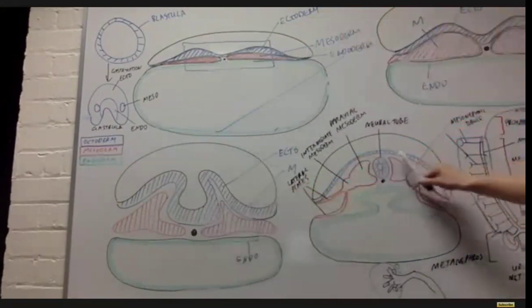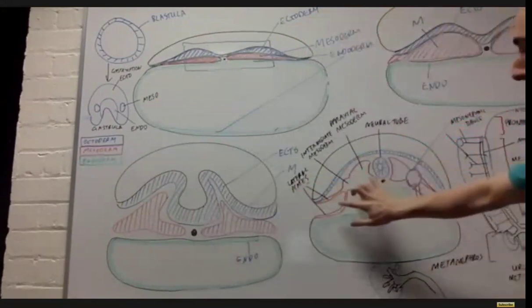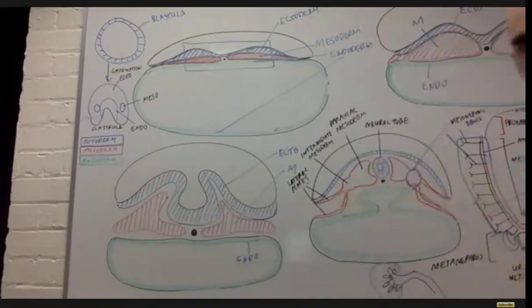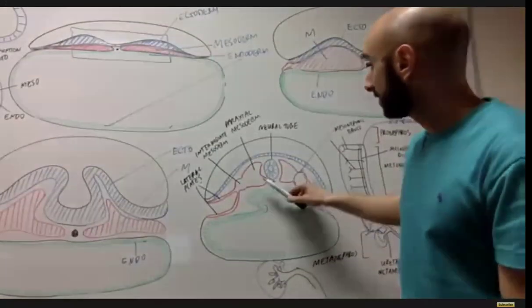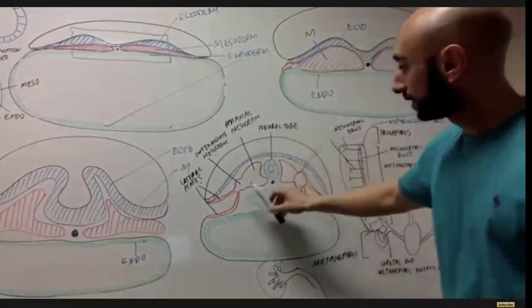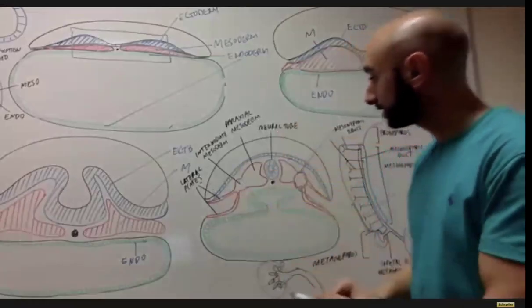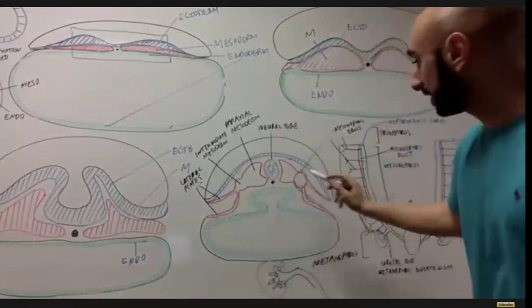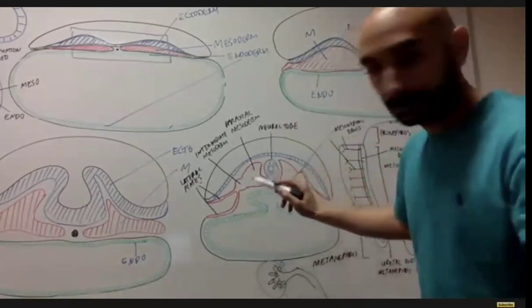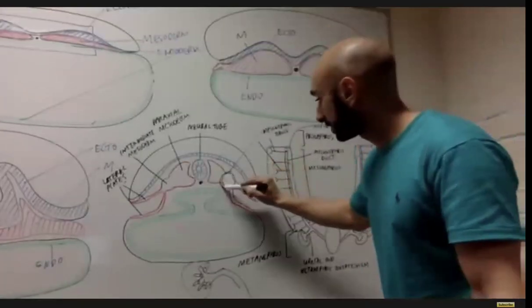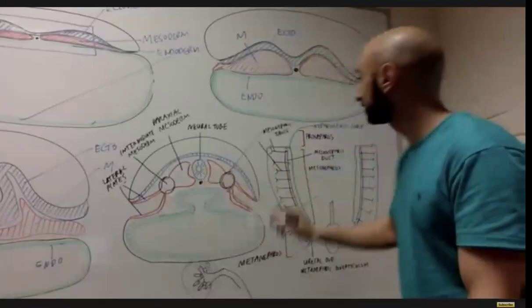The neural tube will pinch off the ectoderm. And if we're focused only on the mesoderm, we have the paraxial mesoderm, the intermediate mesoderm, and the lateral plates. The important thing for kidneys is the intermediate mesoderm. So just this, that's the important part for the kidneys.